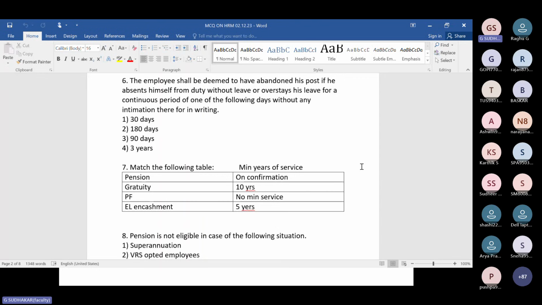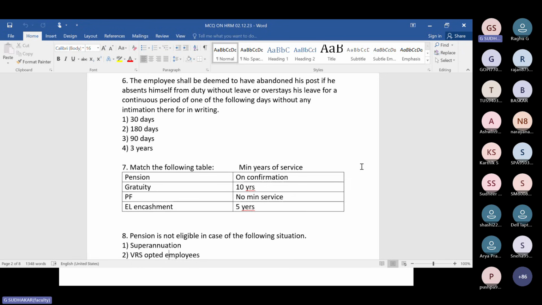An employee shall be deemed to have abandoned his post if he absents himself from duty without leave or overstays his leave for a continuous period of the following days without any intimation in writing. If there is no intimation in writing to the concerned office, he is deemed to have abandoned his post and there is no need to conduct an inquiry.